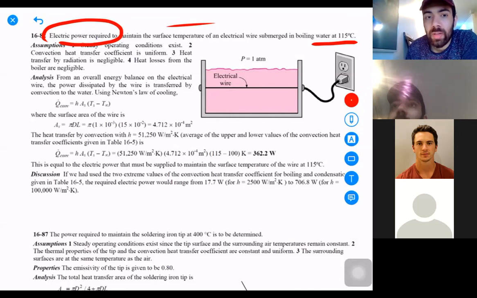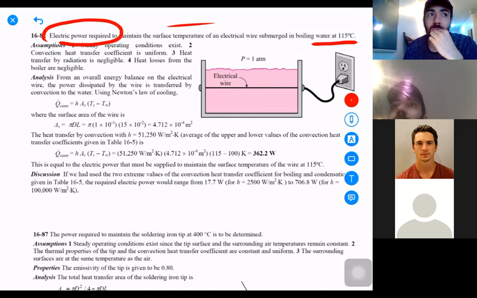So when it is saying how much electrical power I require for maintaining the surface temperature of an electrical wire submerged in boiling water at 115 degrees Celsius, it means the surface of my wire is actually losing energy, because it's saying how much energy I need for maintaining the surface temperature of it.